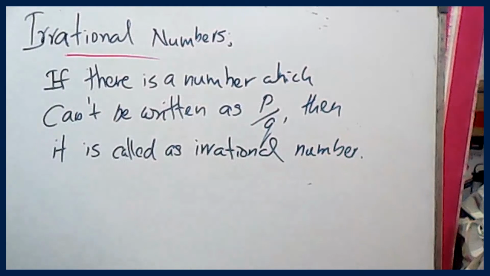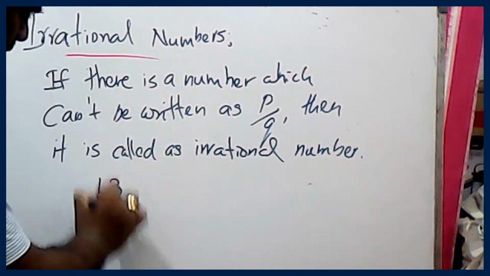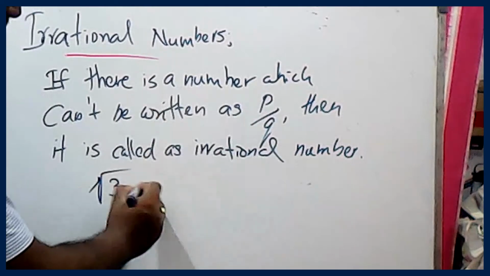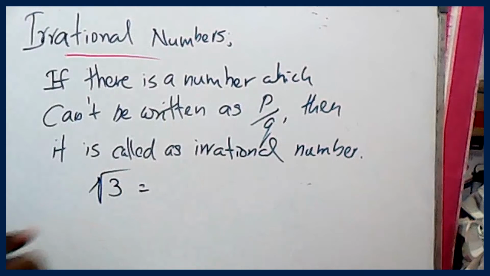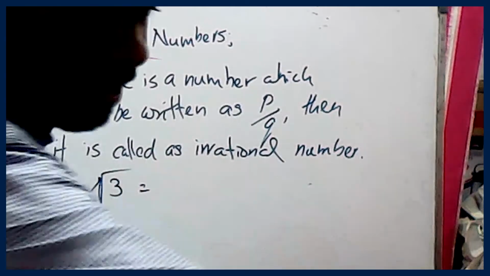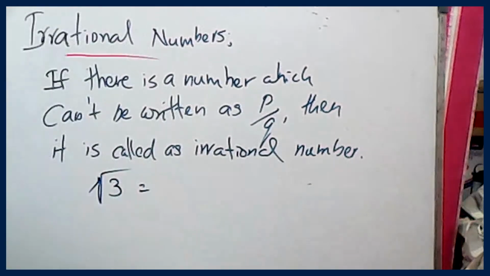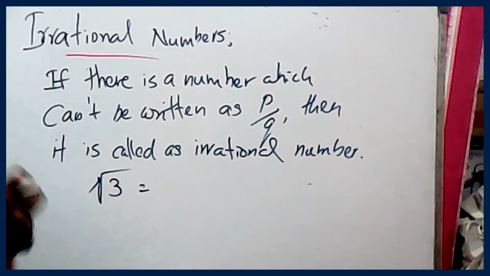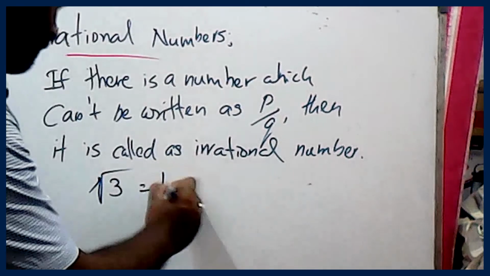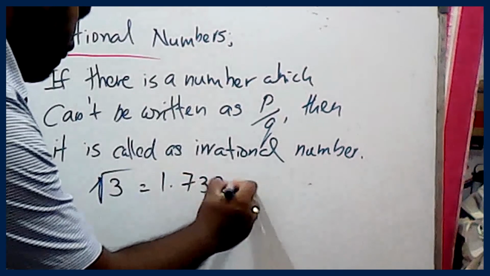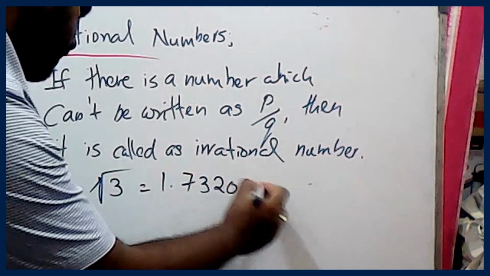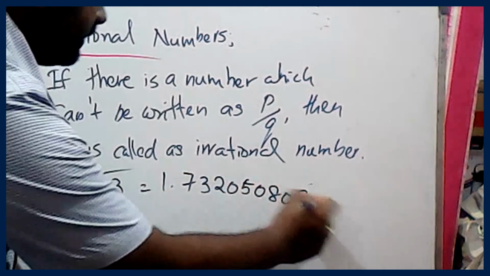For example, square root of 3. What is the value of square root of 3? If you take that value from the calculator, it is 1.7320508.